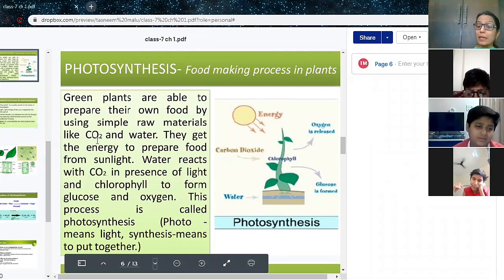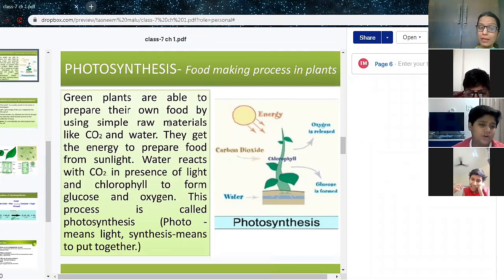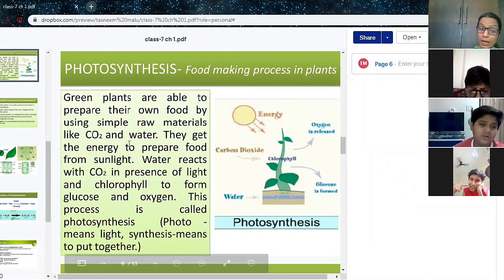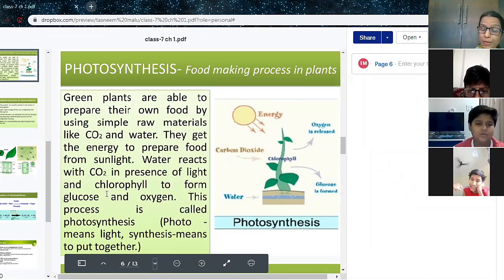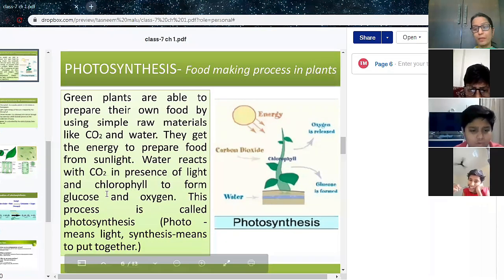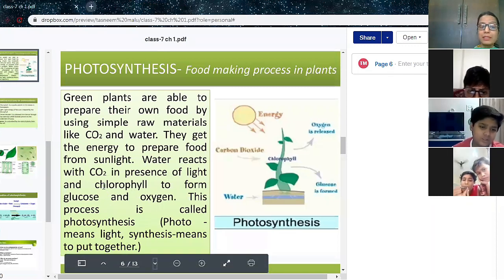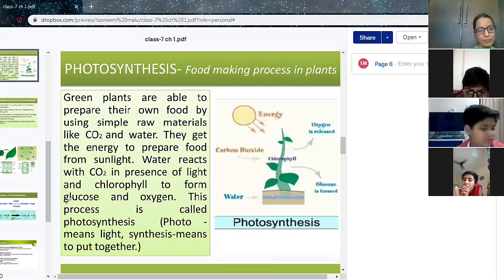In green plants, carbon dioxide and water react together to form glucose and oxygen. How? Green plants have a green pigment known as chlorophyll. This chlorophyll is capable of trapping sunlight. And in presence of this, carbon dioxide reacts with water to form glucose and oxygen.